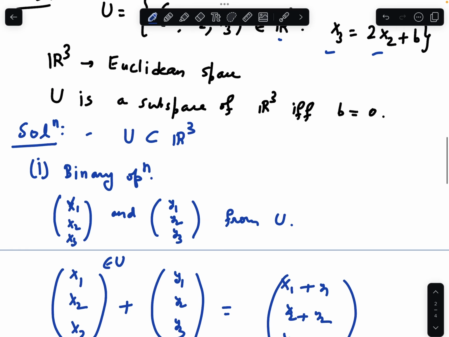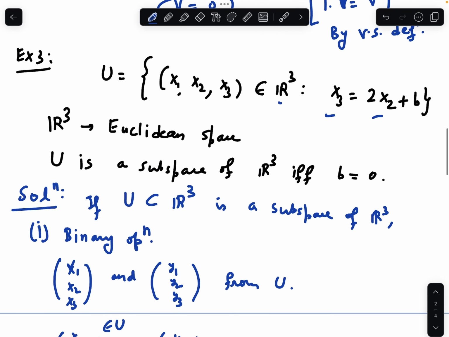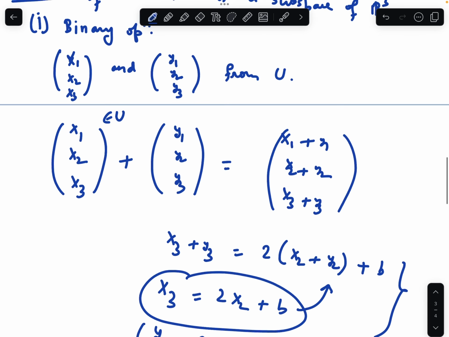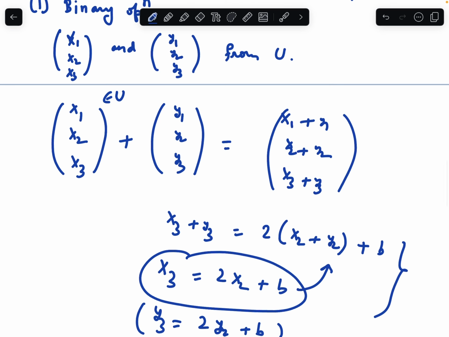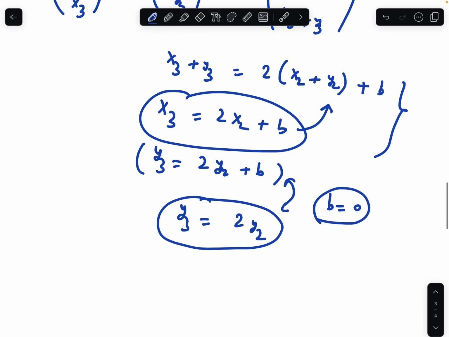So if U is a subspace of R3, then the binary operation of R3 must hold on U. That is, two elements taken from U must be combined to produce an element which lies inside U. Right?